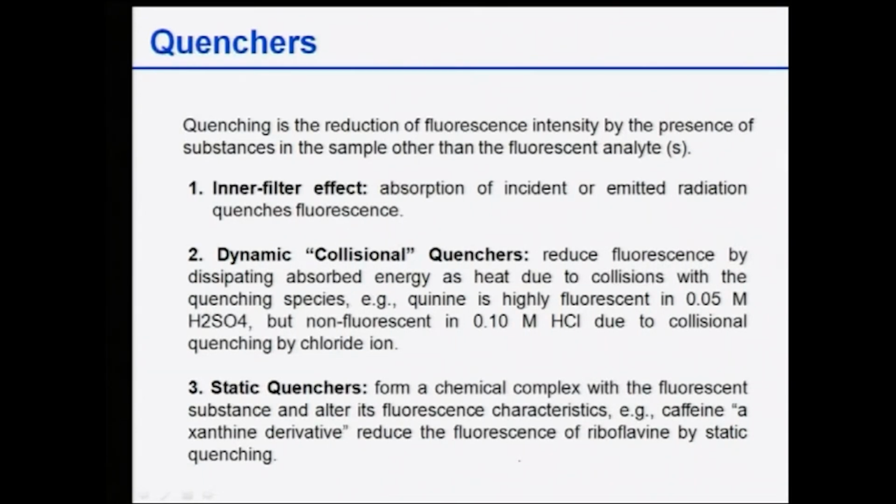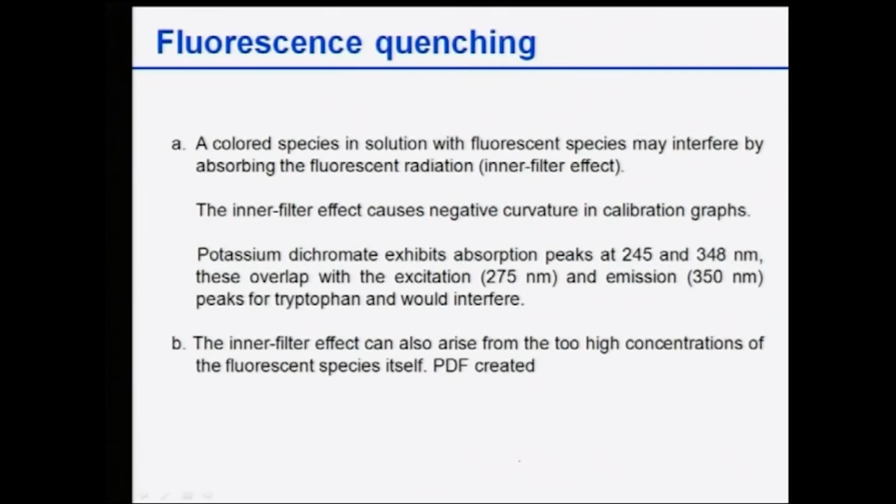You can also have static quenching, where we form a chemical complex with the fluorescent substance and alter its fluorescent characteristics. Like caffeine, a xanthine derivative, reduces the fluorescence of riboflavin by static quenching. So, caffeine can form a complex with the fluorescent molecules.